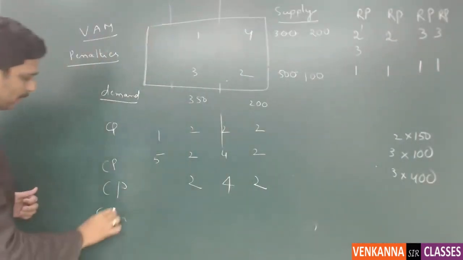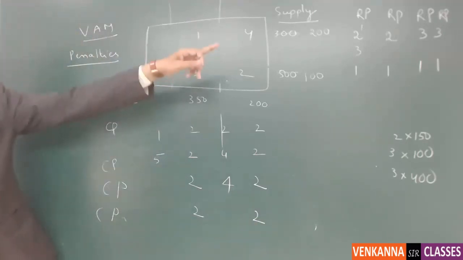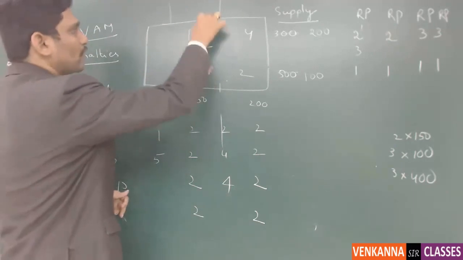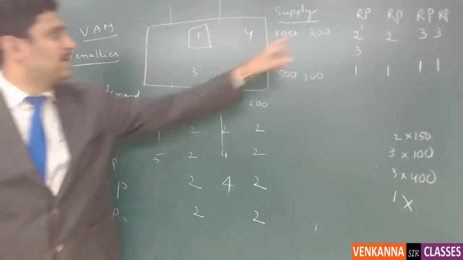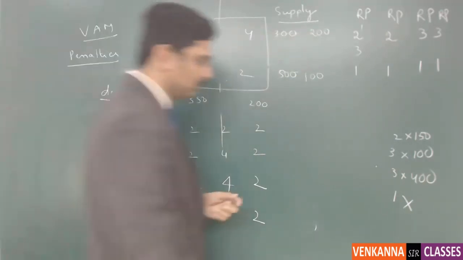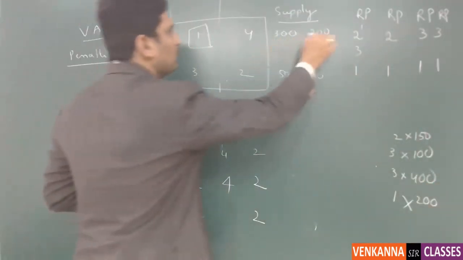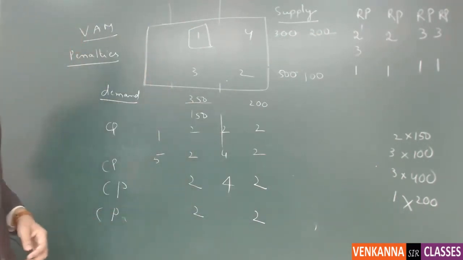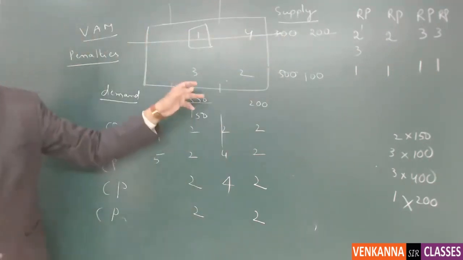If you calculate column penalties, the value is 2 here, the value is 2 here. So you are going to go for the row number 1. So here we go for 1. If you take care of the supply and demand, 200 is the smallest value, we allocate 200 to 1. This gets struck off and it becomes 150. So you are going to eliminate this row, and this is the balanced one.